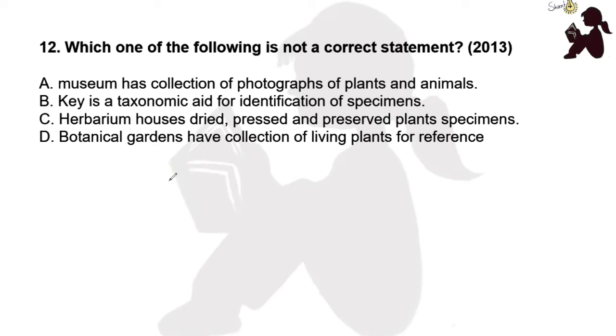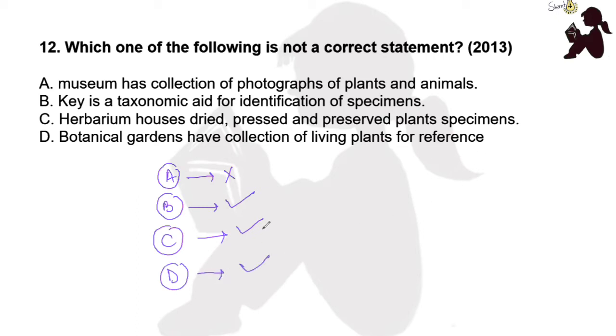So here the A, museum has collection of photographs of plants and animals. This is not true. Then option B, key is the taxonomic aid for the identification of specimens. This statement is true. Then C, herbarium houses dried, pressed and preserved plant specimens. This statement is also true. And the statement D, botanical gardens have collection of living plants for reference.